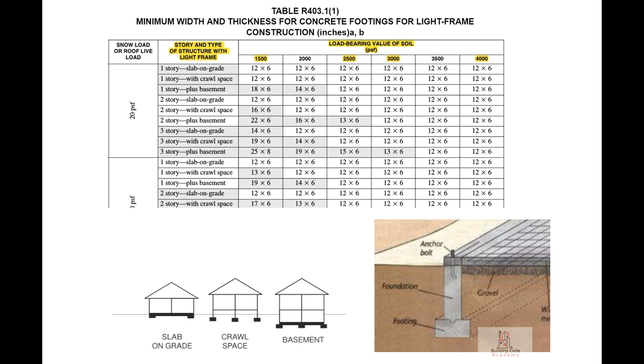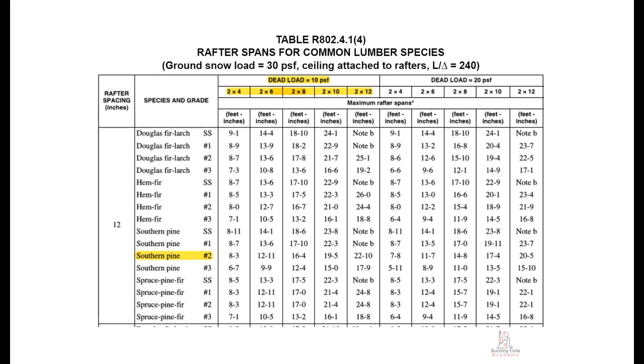Footings width and thickness size be determined by story and type of structure with light frame and snow load or roof live load measured in pounds per square feet and can be 20, 30, 50, 70 psf for 1, 2, or 3-story slab-on-grade structure with crawl space or with basement.